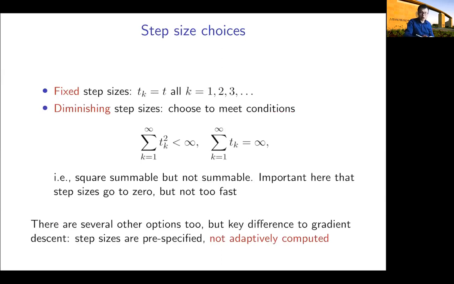But suppose you know a priori the number of iterations that you're willing to run, given the available computational resources. Then you can potentially set this tk as a function of the total number of iterations that you want to run, as a fixed value.